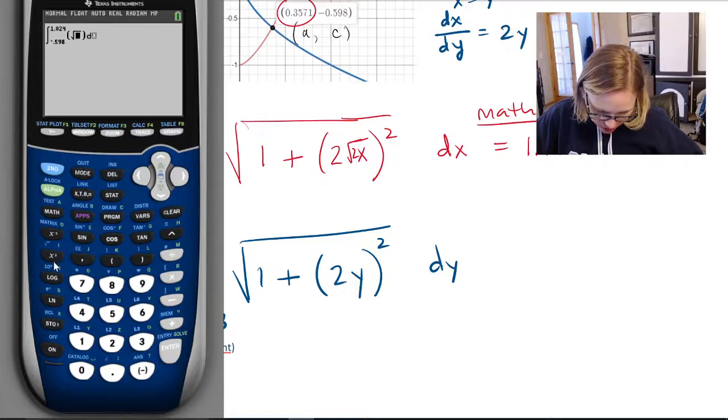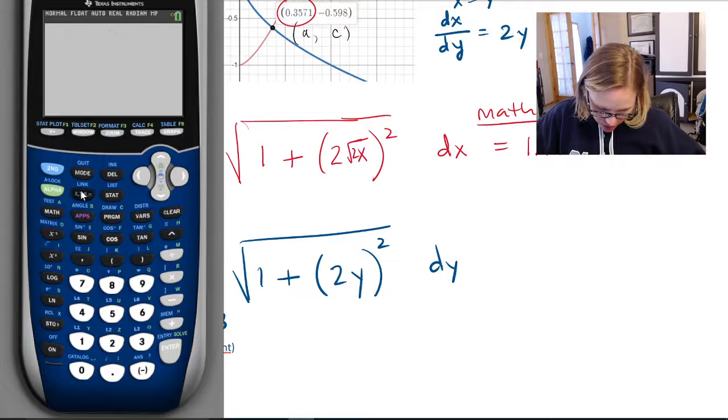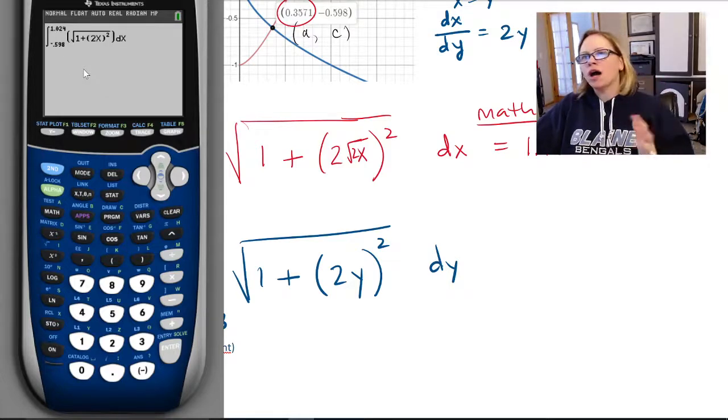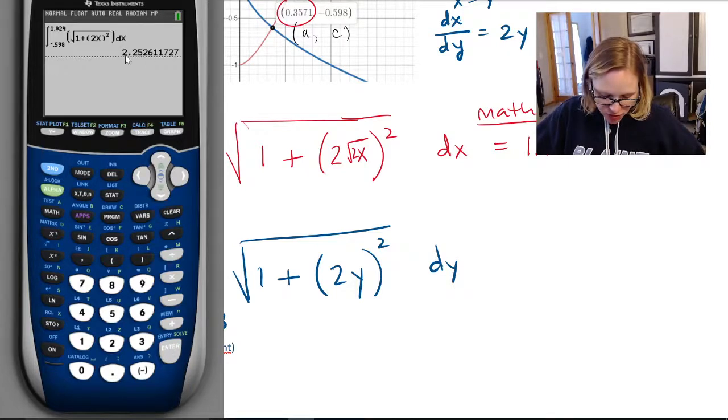Square root of 1 plus, put parentheses around it, 2, and I use the x letter. Just use letter x, it's fine. And then dx. So when you enter anything using y into your calculator, you're going to have to use the variable x because that's the variable that it understands. So this is my length of curve, 2.2526.